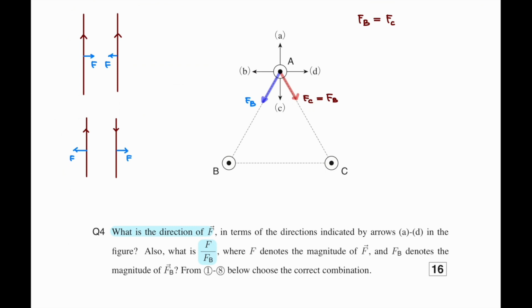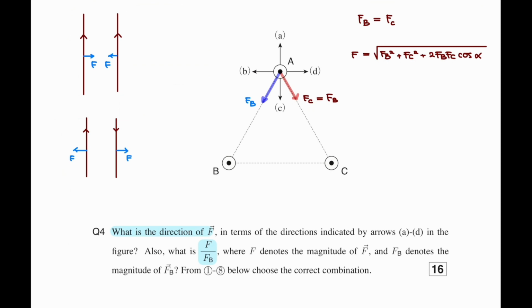And then if we want to find the magnitude of the resultant force between two forces like this, we can use the equation. The magnitude of the resultant force is equal to the square root of FB squared plus FC squared plus 2 times FB FC cos of the angle between those two forces.